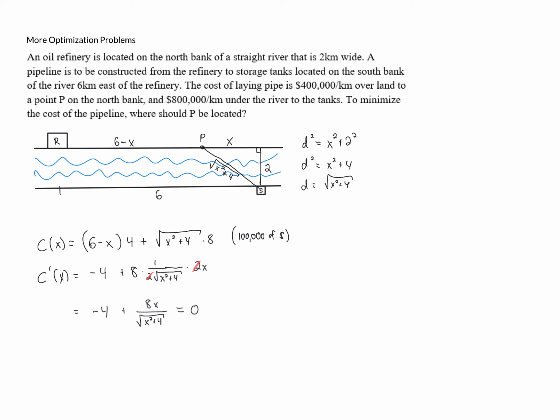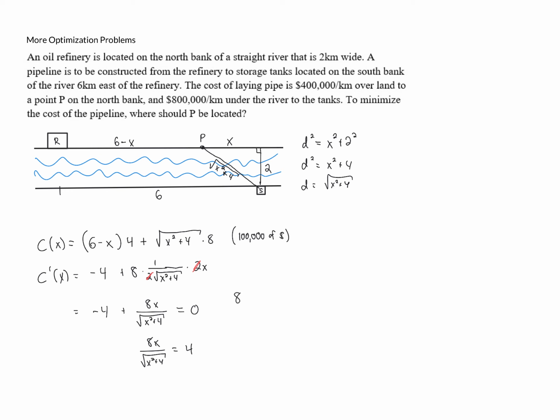If we want to know when it equals 0, we've got some solving to do. We can add 4 to both sides. That gives us 8x over the square root of x squared plus 4 equals 4. And then we can multiply both sides by the denominator to get rid of it.